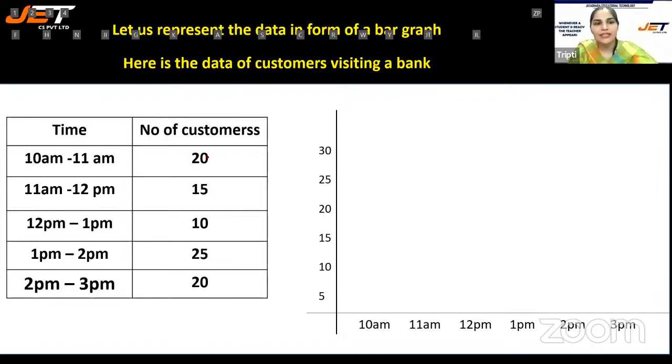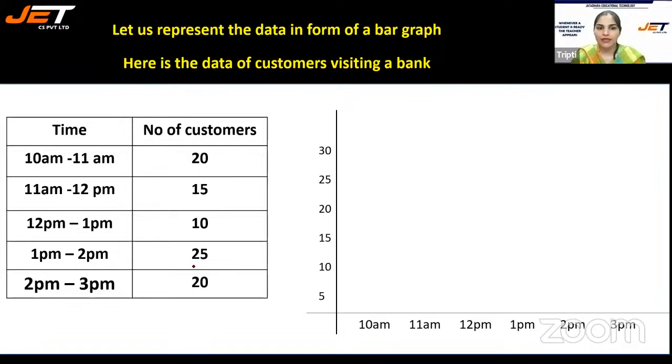Then between 11 a.m. to 12 p.m., 15 customers visit there. 12 p.m. to 1 p.m., 10 customers. 1 p.m. to 2 p.m., 25 are there. 2 p.m. to 3 p.m., 20 are there. Make a histogram.